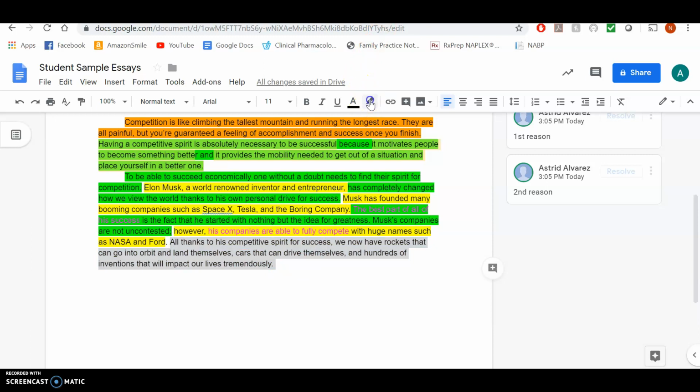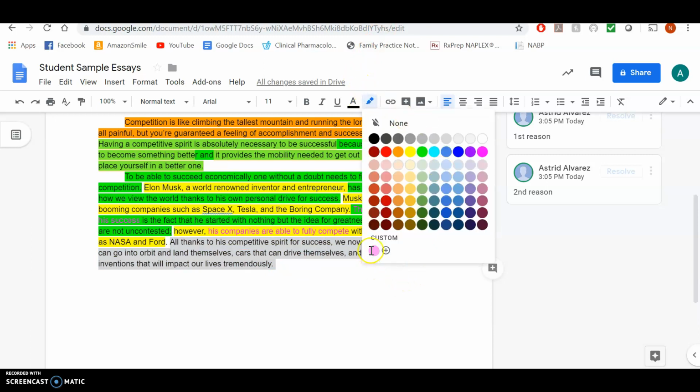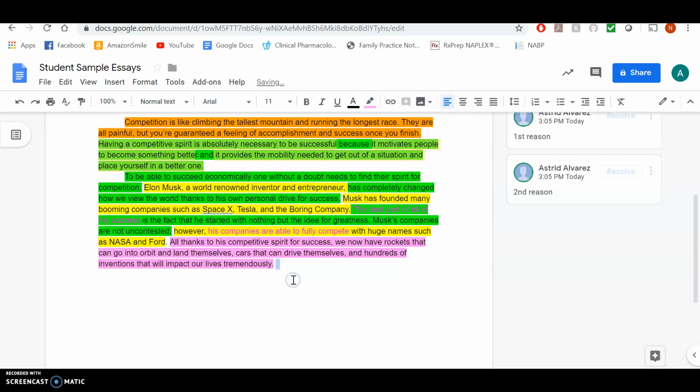So again, analysis is that part that connects whatever you're saying in your body paragraph, your evidence, back to the thesis statement and tells me why it matters, why it's important. Okay, so if you don't have that in your essay, then you are lacking a big part of the essential point, which is to argue and convince your audience that what you are saying is correct.